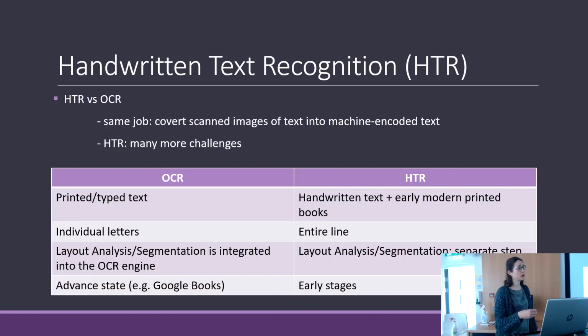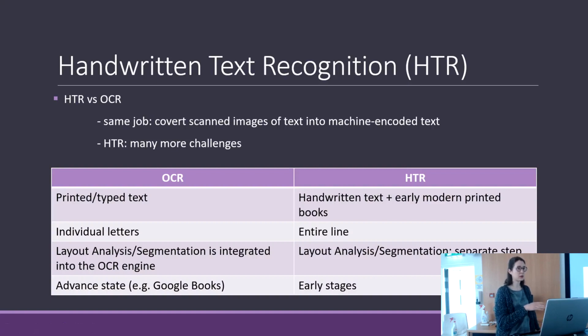For example, books in Gothic script, which is very difficult because the letters are one near the other, and it's difficult to read, so you can apply HTR. It doesn't work on single letters, but it recognizes the entire line of text. And you need to do the layout analysis or segmentation as a separate step.